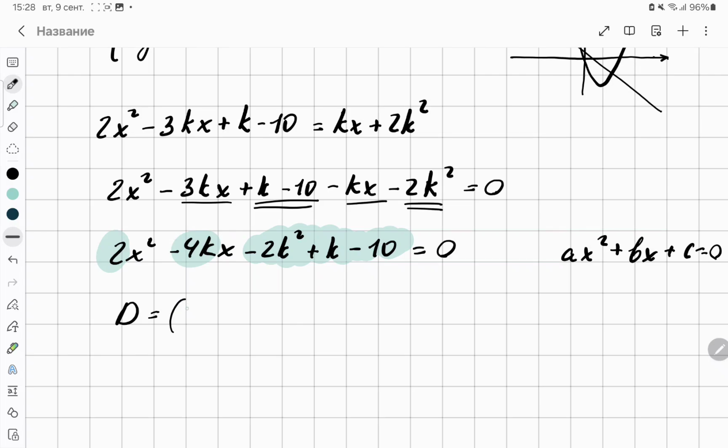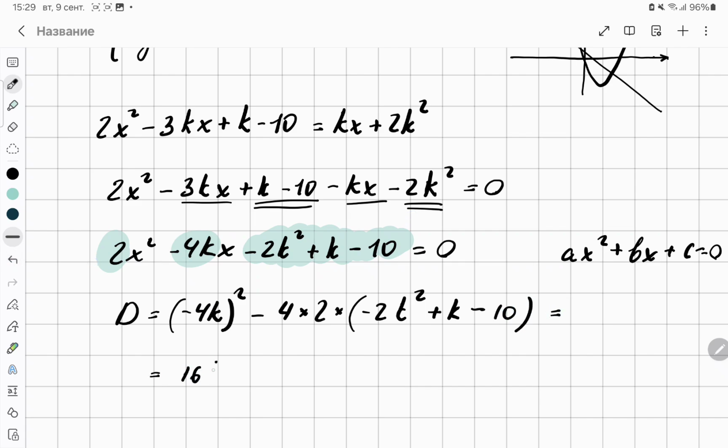The discriminant equals negative 4k squared, all squared, minus 4a, which is 2, and c. Our c is this much, minus 10. Let's simplify, open the brackets, plus 16k minus 8k plus 80.